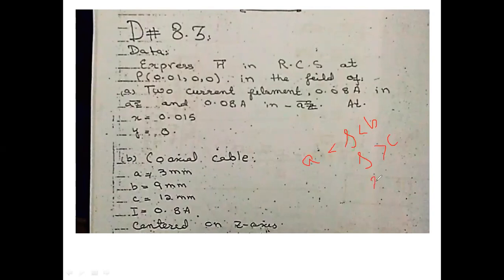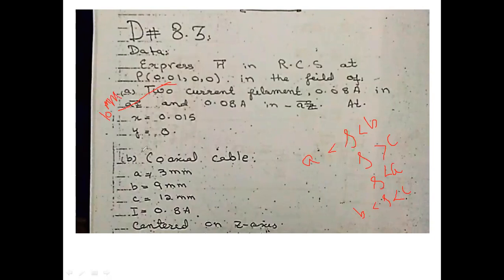The third was where rho is less than a, and the fourth was where rho is in between b and c. Now you have to check which of these cases this point of observation, equal to 10 mm, applies to.